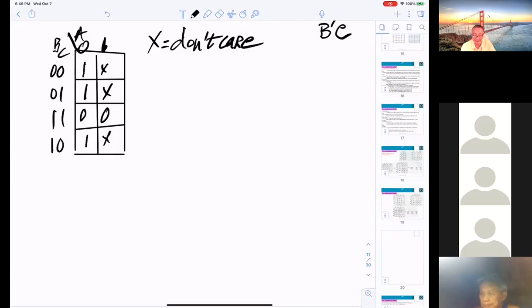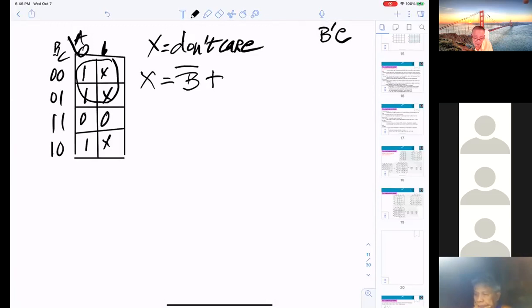Okay, so on this one here, you can loop that guy here. So I is supposed to equal not B. And then you loop the top and the bottom, correct? Right. Then now one don't care here, one don't care here, on the top and on the bottom, they will be neighbors.